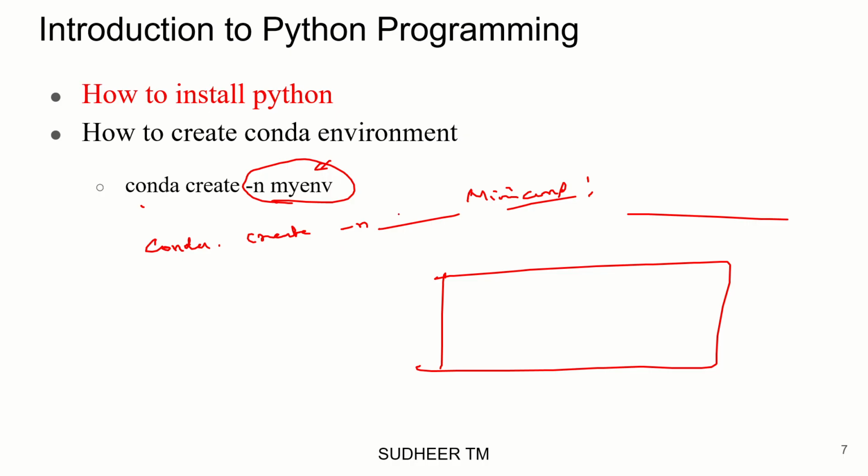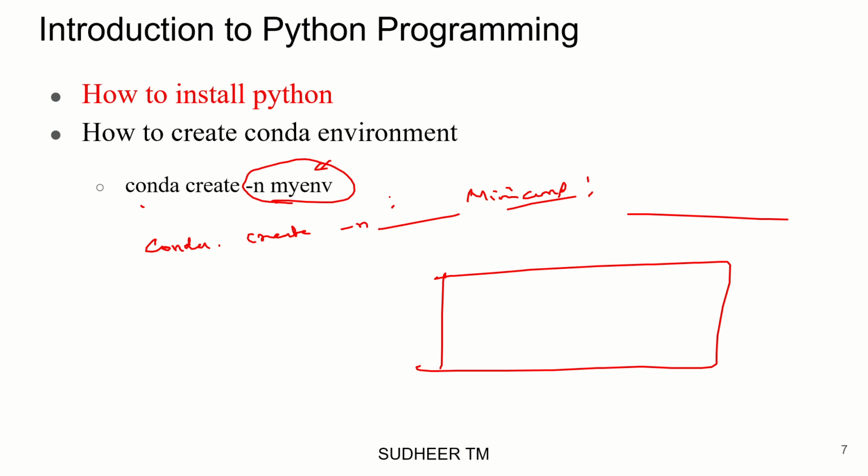This my environment can be your name, or S1 CPS, whatever you want. From the next time onwards, we'll go to that environment and install our modules there. After installing everything we need, that is where we will do our programming.